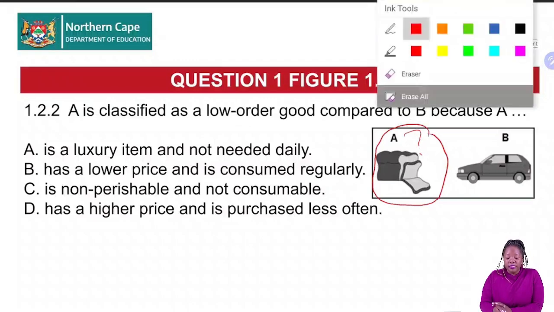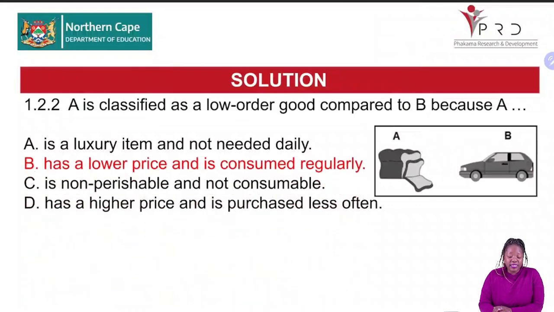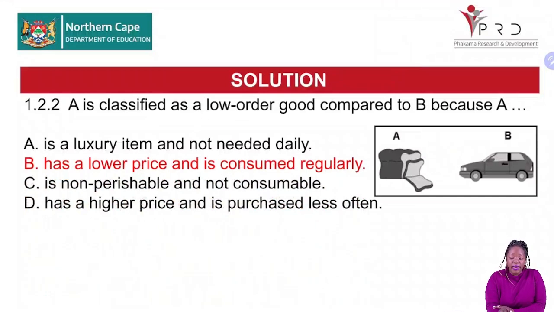With the hope that we are all done. So looking there at A, we are saying the correct answer is B, because it has a lower price and it is consumed regularly. So now going back, we said the low order goods, these are the types of goods that we use every day and they are cheap and you cannot travel for them. So looking at A, we've got bread.